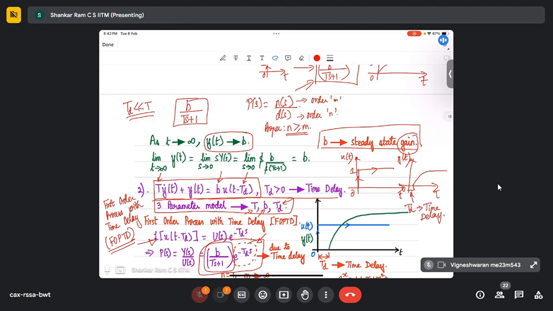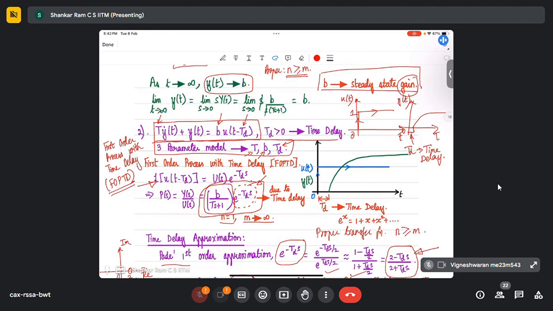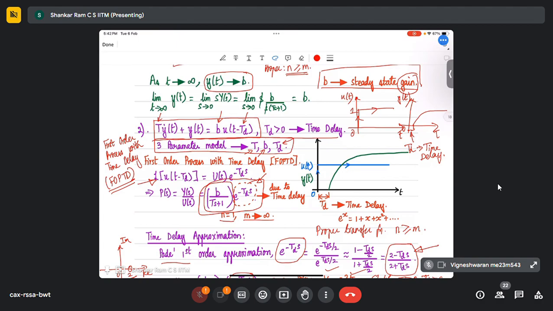However, when we have this time delay, because of the Laplace of the time delay being e power minus TDS, without the approximation, the order of the numerator polynomial tends to infinity, because this is a power series, right? e power minus TDS, you can expand to s power infinity.